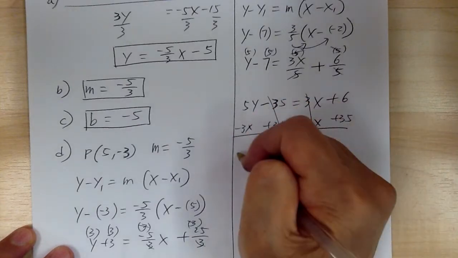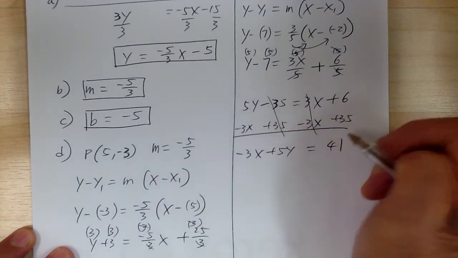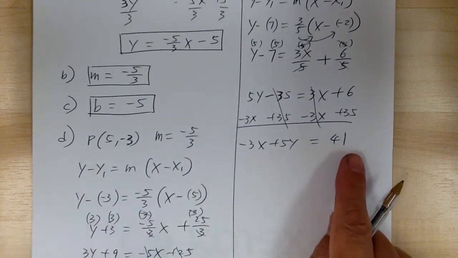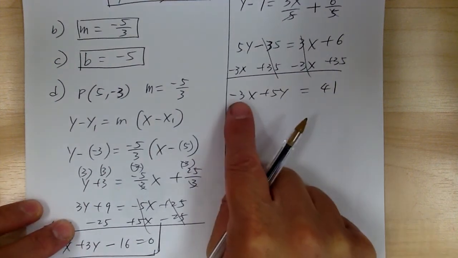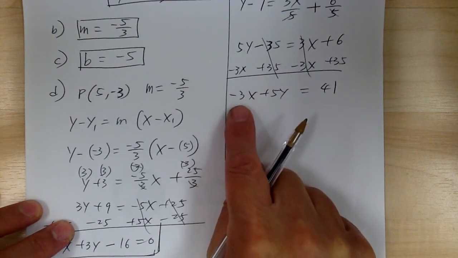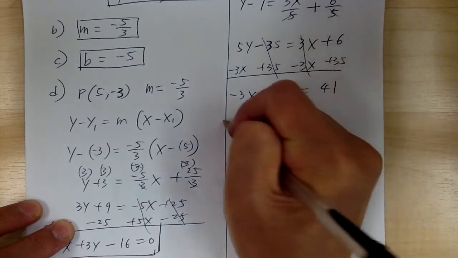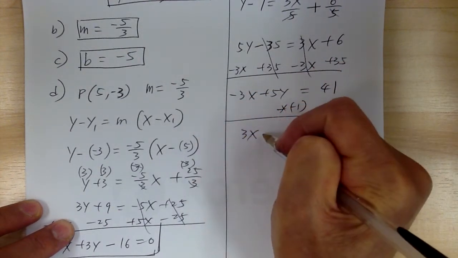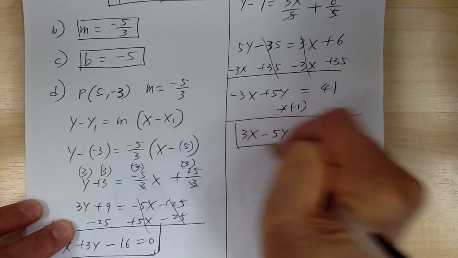So I get negative 3x plus 5y equal to 41. I'm using standard form this time. It doesn't matter; if it doesn't say, you can use whichever of those forms. But remember, standard form or general form cannot begin with a negative. So you need to multiply by negative 1. You get 3x minus 5y equal to negative 41, and that's your answer.